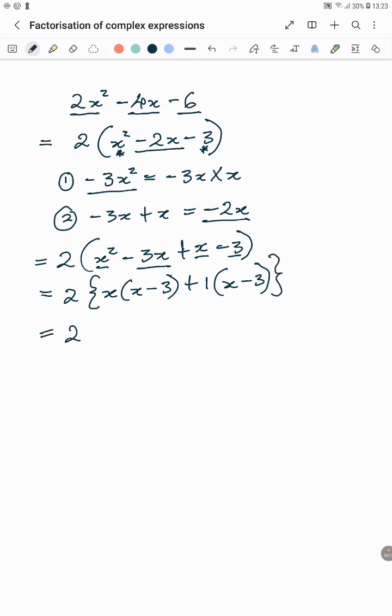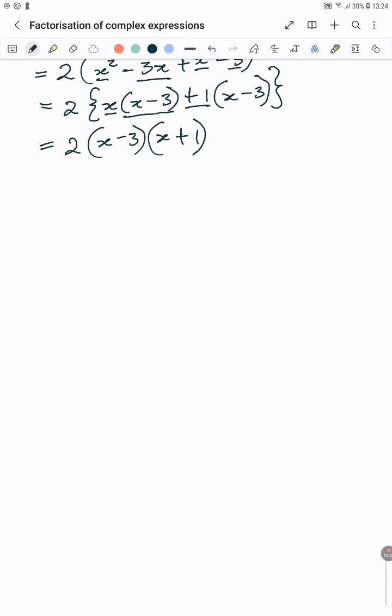Here you're going to have two brackets, which is x minus 3 and x plus 1. Okay, we're going to look at another example.